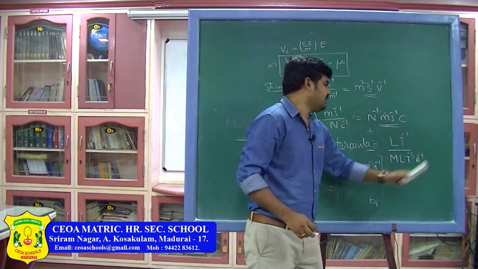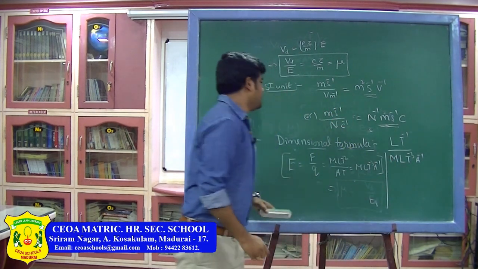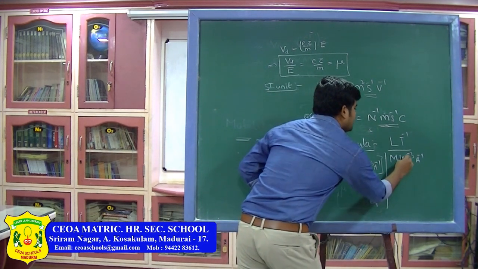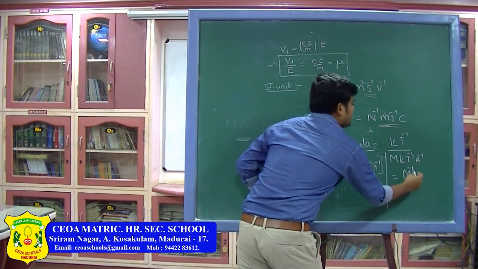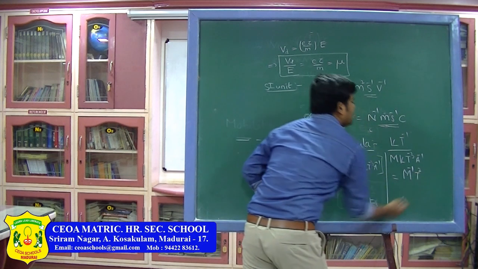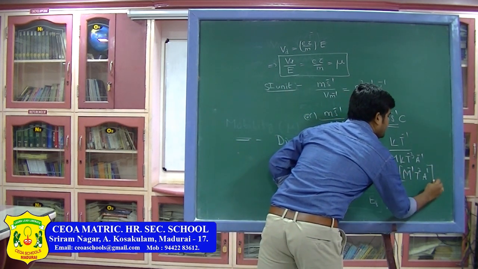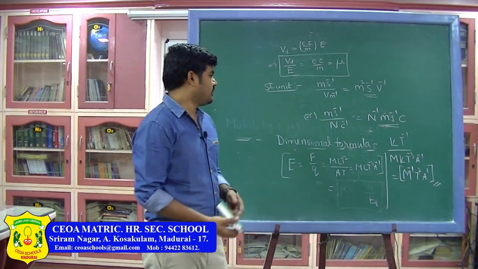So, using that dimensional formula here, you can get the dimensional formula for mobility of charge carriers. L cancels, you will get M power minus 1, and T power minus 3 becomes plus 3 in the numerator, so it will be M power minus 1 T power plus 2 A power 1. So, this is the dimensional formula for the mobility of charge carriers.